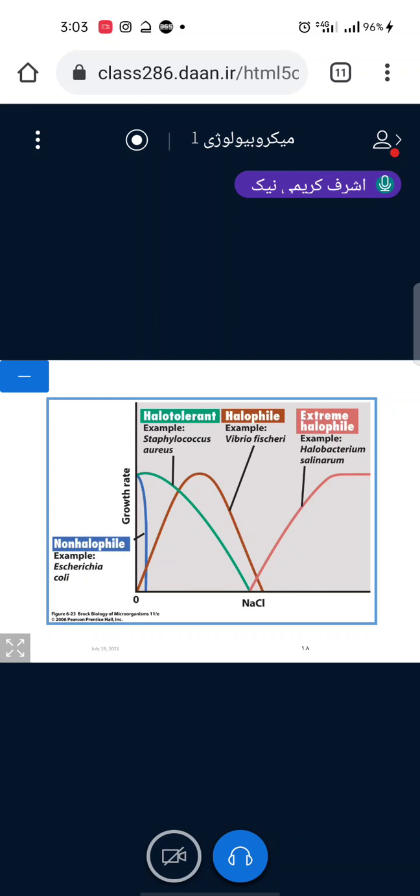Please remember these are very important. Escherichia is non-halophile. Staphylococcus is halotolerant. Vibrio fischeri is halophile. And Halobacterium is extreme halophile.